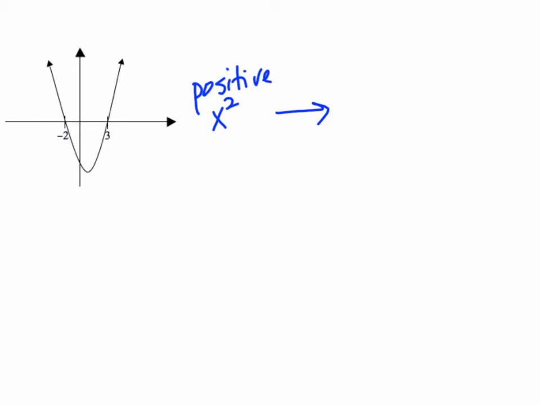Here's the derivative. It's a parabola and it's x squared. And notice my zeros are at -2 and 3. So since it was a parabola as the derivative, the original graph has to be a cubic graph. A cubic graph going through -2 and 3.